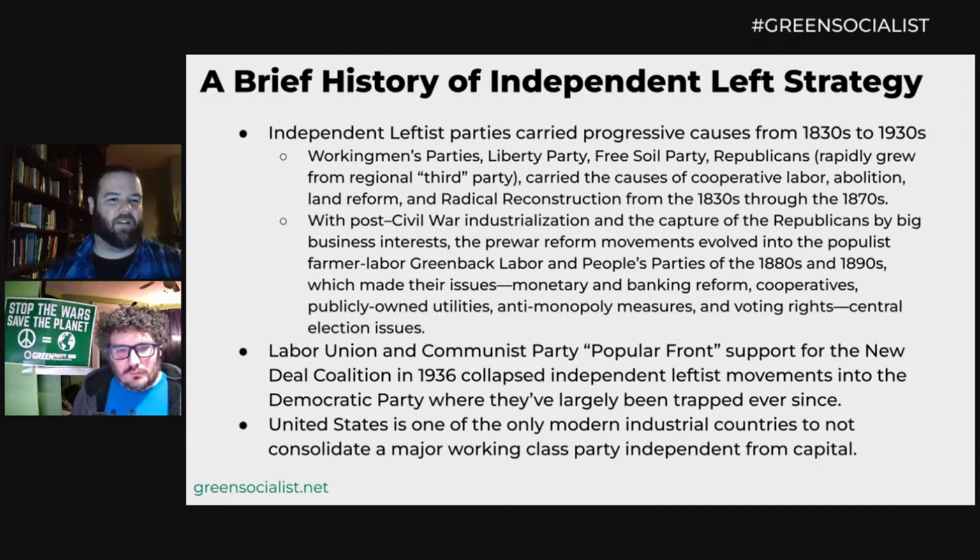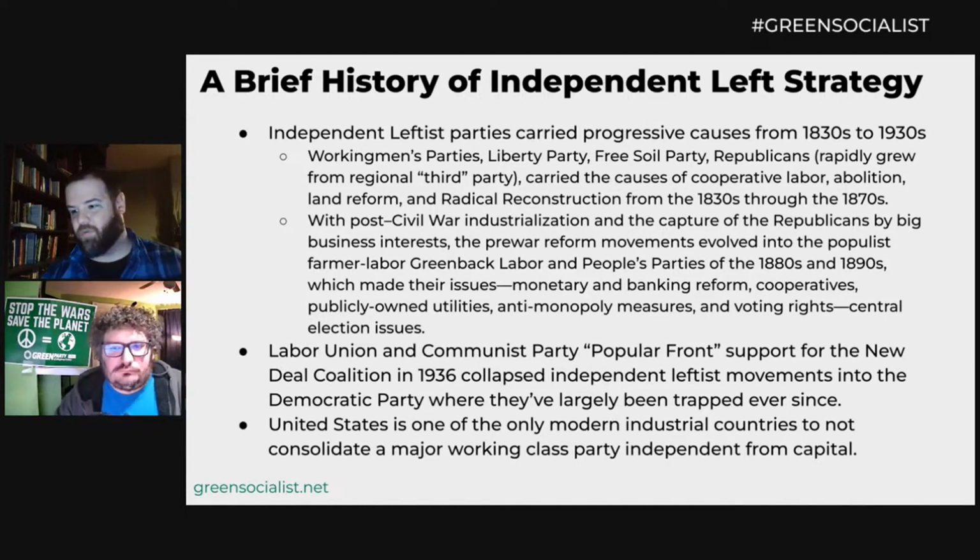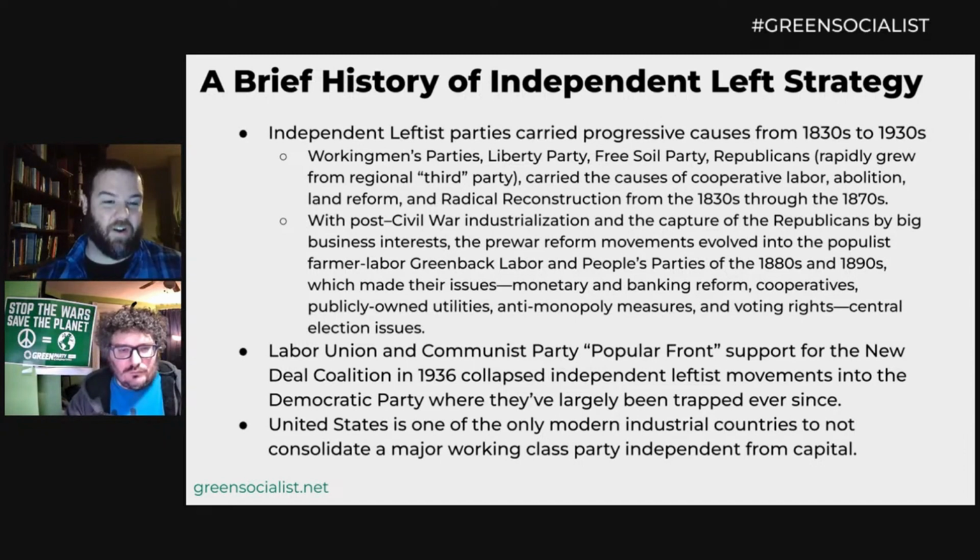He'll support their leadership, and in exchange, he would get committee assignments. And so even the most well-known independent of the modern era, his independence wasn't really independent from capital or the Democratic Party, right? It was very much an independence in name only.